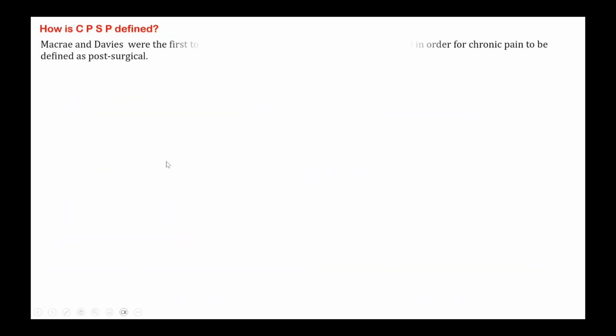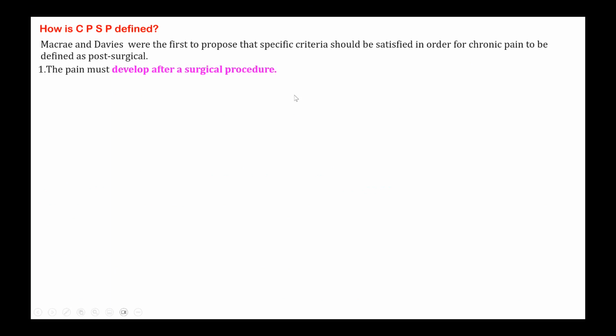Now going to the CPSP, it was defined by Macrae and Davies. They were the people who first gave this terminology of chronic post-surgical pain. And they said that specific criteria should be fulfilled before you call a condition chronic post-surgical pain. It should develop after a surgical procedure, number one.